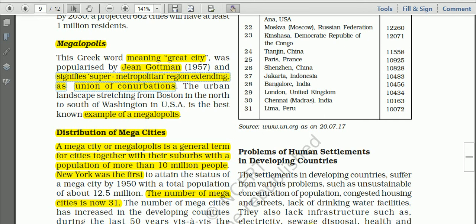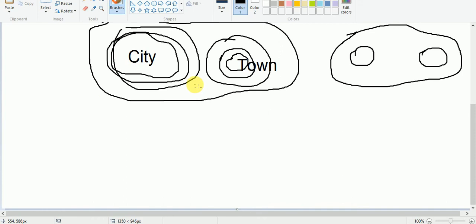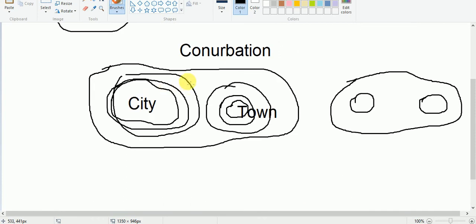Now let us see this here. This is a conurbation, and this is another conurbation. This is a town, this is a town, merging together.